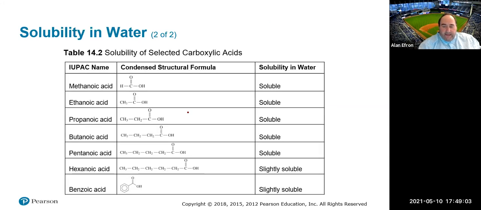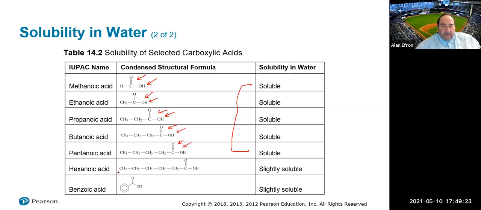Here's a table of solubility, and we do see that up to about 5 carbons, very soluble, with very few carbons on the left-hand side in all these cases. The waters are able to interact well with this group.